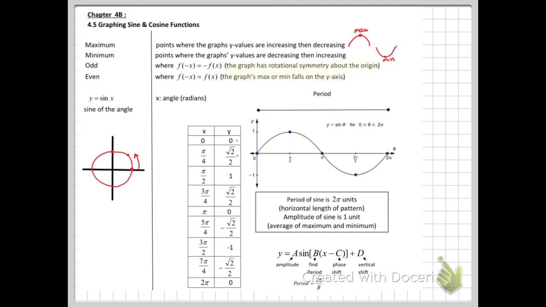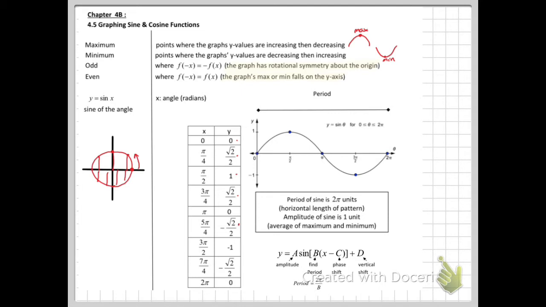At pi over 2, the y value is 1. At 3 pi over 4, and so on. Once you get down to 5 pi over 4, the answers start becoming negative. You're going around the unit circle and measuring the y value, the distance to the x-axis. If you plot those, you get the graph on the right-hand side.